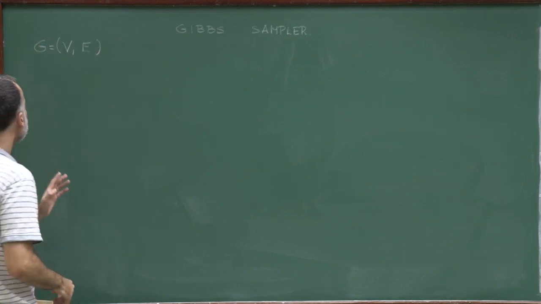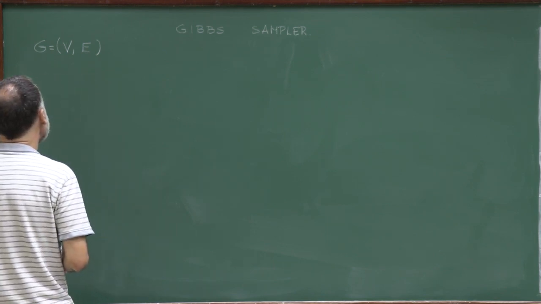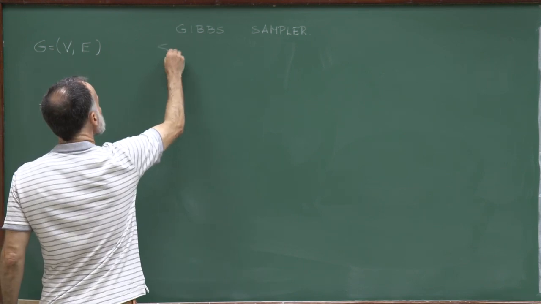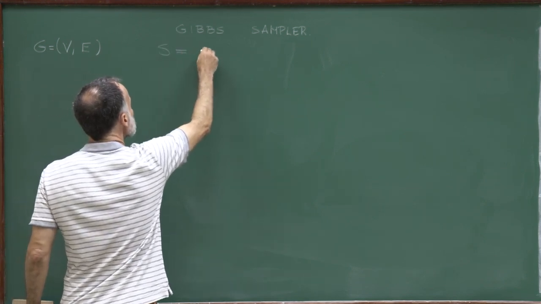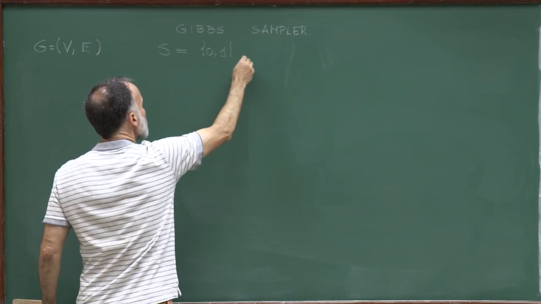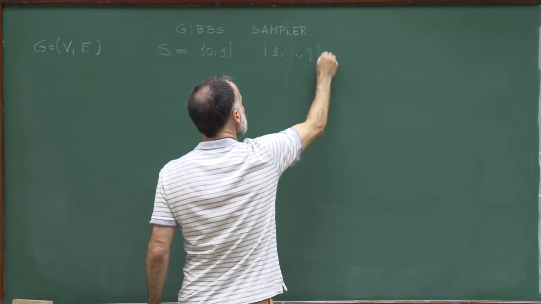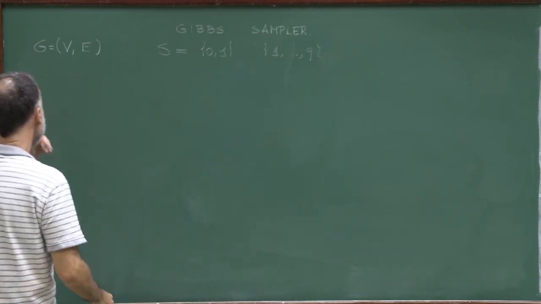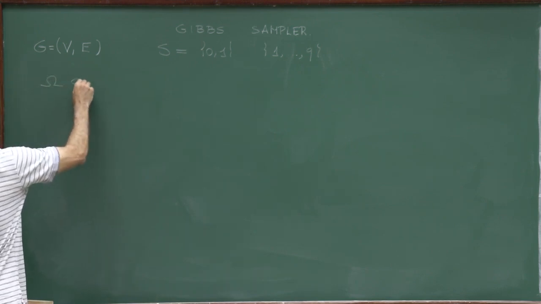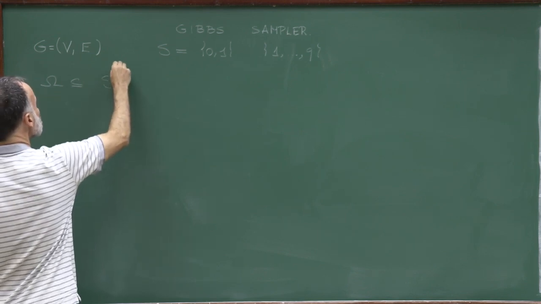I'm always admitting that this graph is connected. The set of vertices is finite, and then we have a set S, which is a finite set. In our examples, S would be either 0, 1, in the hard-core model, or the number of colors. And we had omega, which is a subset of S to the power V.